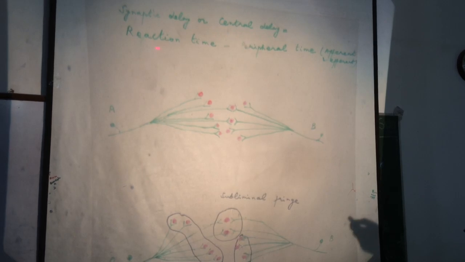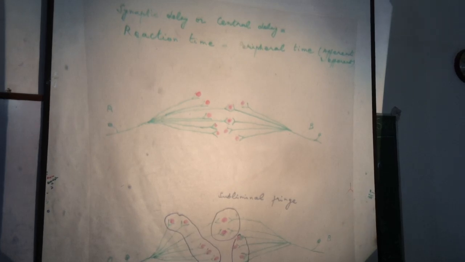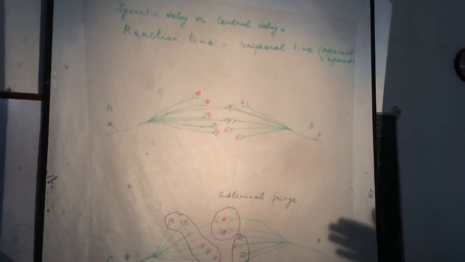You see the formula: synaptic delay or central delay is equal to reaction time minus peripheral time. What is reaction time? Reaction time is the time between the application of the stimulus and appearance of the response.